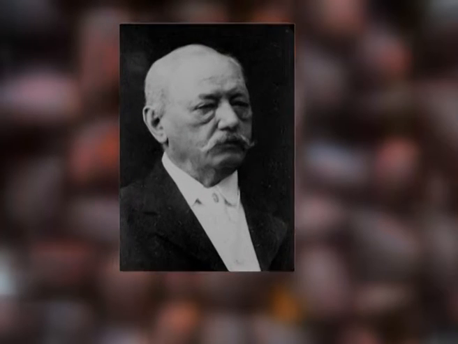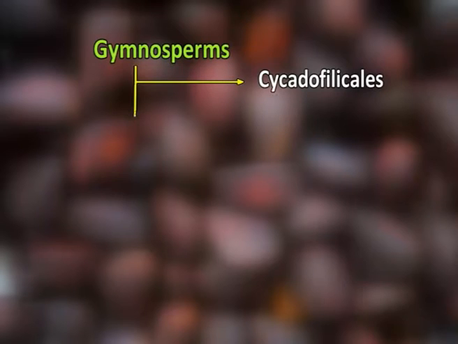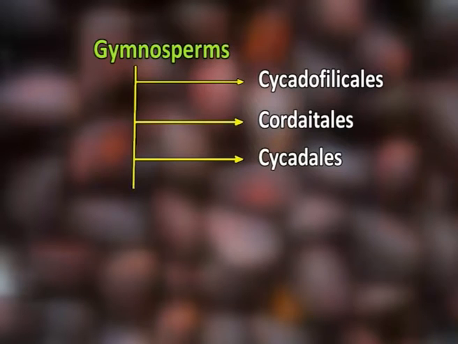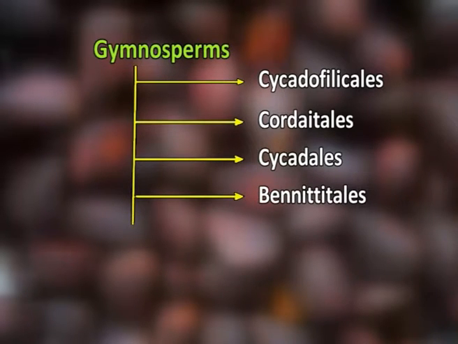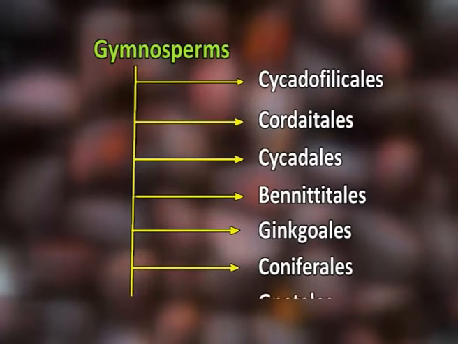Gymnosperms were divided directly into 7 orders that were arranged in the increasing order of complexity in their reproductive features by Engler and Gilg in 1926. These orders are 1. Cycadofilicales, 2. Cordaitales, 3. Cycadales, 4. Bennettitales, 5. Ginkgoales, 6. Coniferales, and 7. Gnetales.